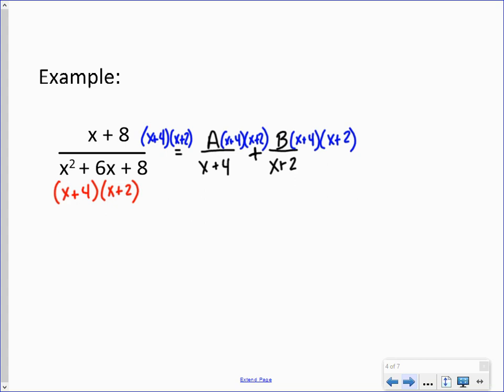After you multiply by the LCD, you can go through and start canceling out common factors in the numerator and the denominator. Every single term in that equation now has the x plus 2, x plus 4 in its numerator. And for this very first fraction, that's going to cancel out our whole denominator. So the only thing that's left over on the left side is x plus 8.